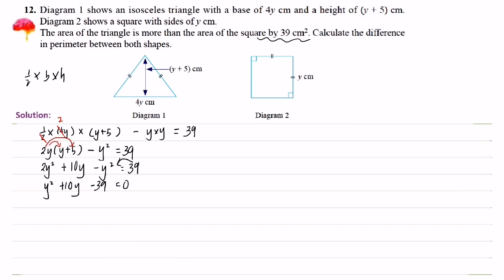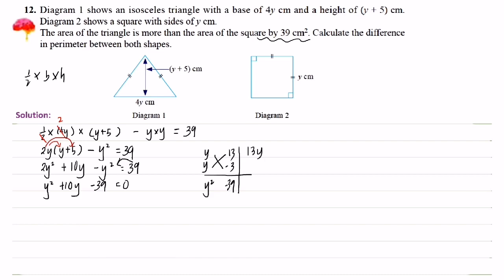After we arrange it in general form, we do the factorization. y times y equals y squared, and 13 times negative 3 equals negative 39. And we do the cross multiplication.